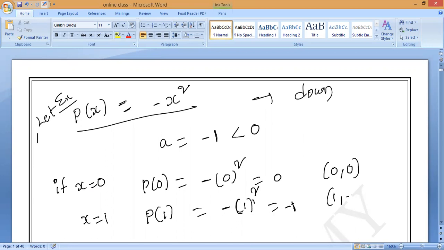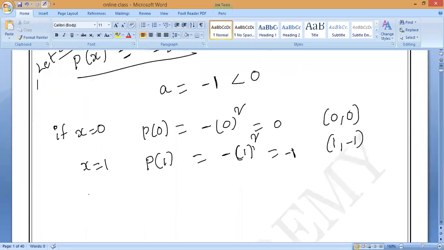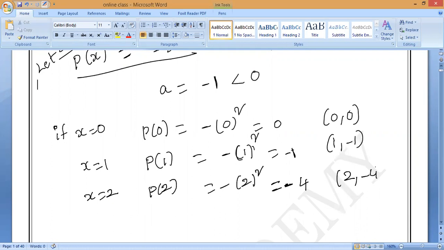Point is 1 comma minus 1. Do you understand? Next, if x equals 2, what is the value? Minus 4. 2 square is 4. So point is 2 comma minus 4.